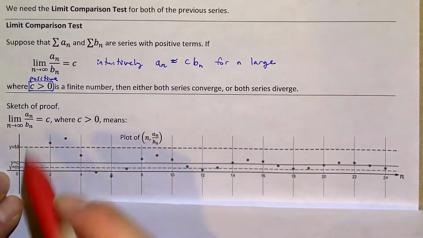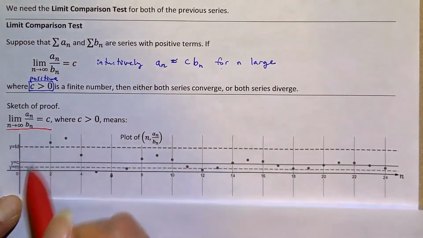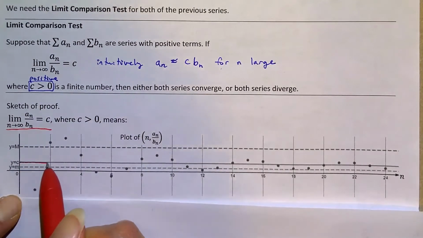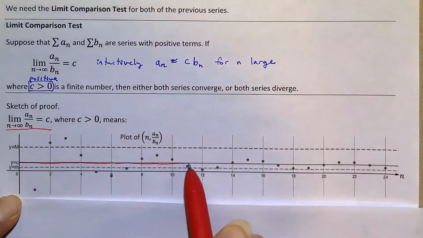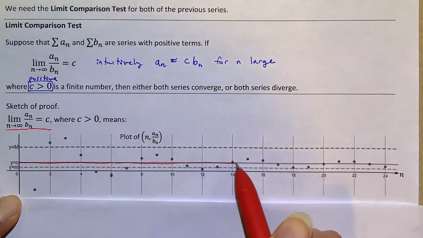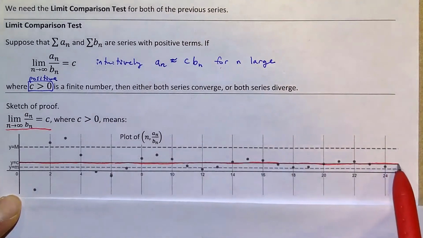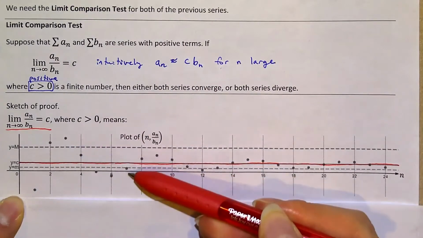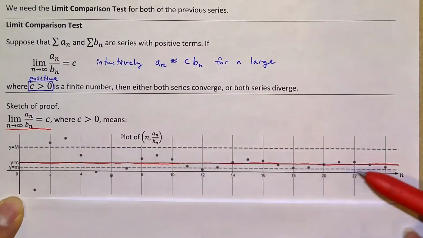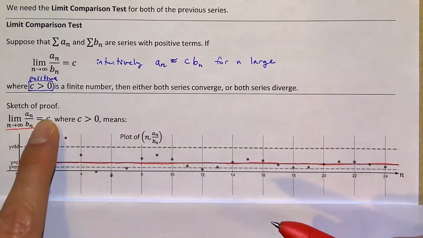And since the limit is equal to c, that's saying that as we go out to infinity, the points that I'm plotting must be getting closer and closer to this line. So we see in this picture, the points start off sort of far away from this line, and then they eventually get closer to this line. That's expressing the fact that their limit is equal to c.